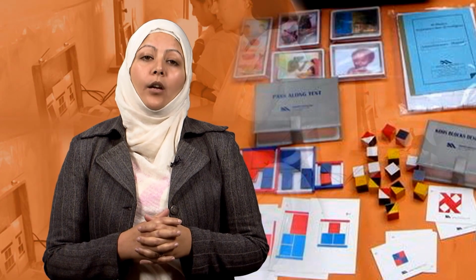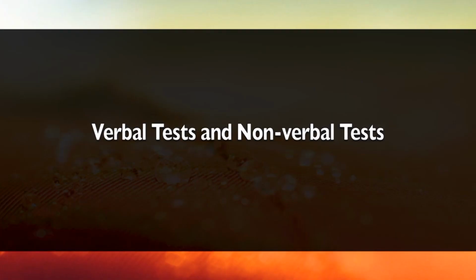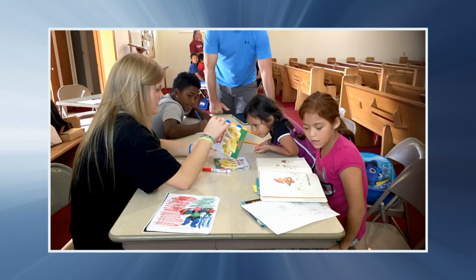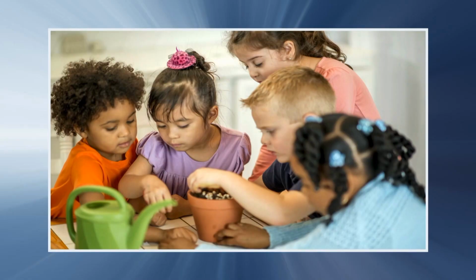Intelligence tests may also be classified as verbal tests and non-verbal tests. In verbal tests, the person is asked to read or write. In non-verbal tests, the person is required to perform some acts or to do some practical work.